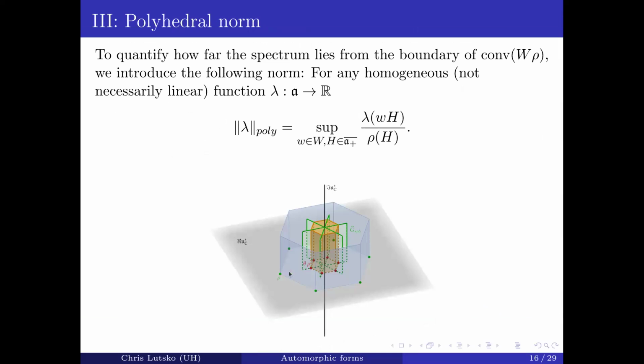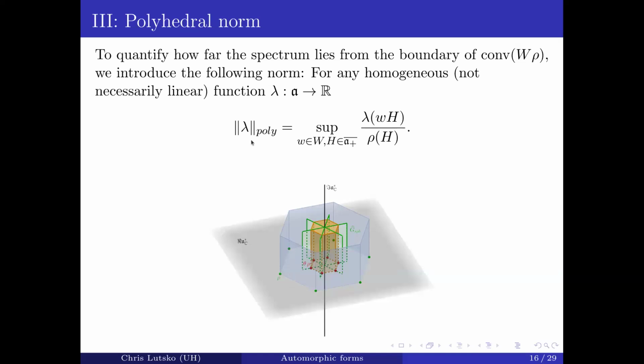If we have some different functional, lambda, from A to R, then we can quantify how close the real part of that lambda gets to the real part of rho.